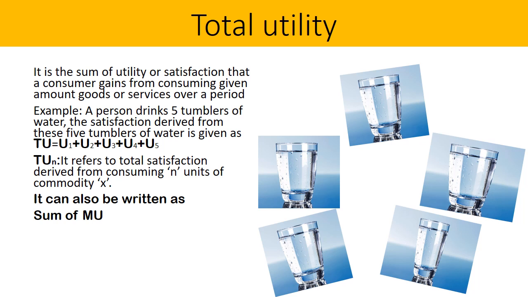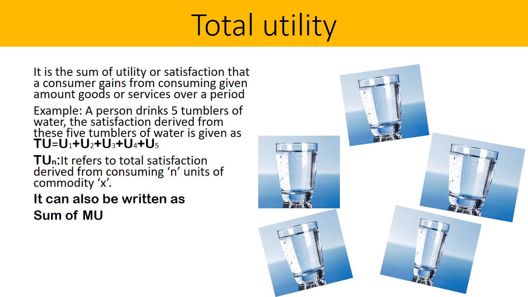The second one, total utility, is the total satisfaction derived from consuming the given amount of some commodity. Let's take an example. A person drinks 5 tumblers of water. The satisfaction that he derives from all these 5 tumblers of water is called total utility.